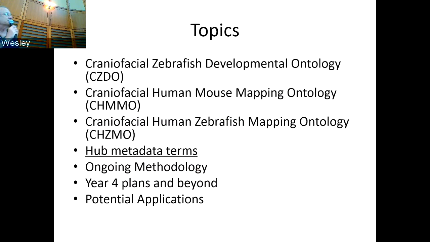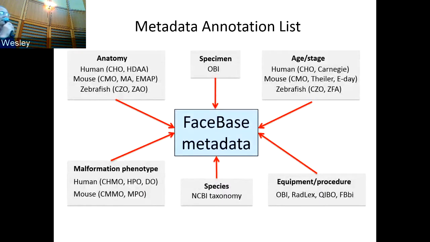And the other thing I mentioned before, we were providing terms for the hub to annotate the data. As I described before, we're trying to provide standardized terminologies so that we can be interoperable with other ontologies throughout the semantic web, which is basically the World Wide Web.